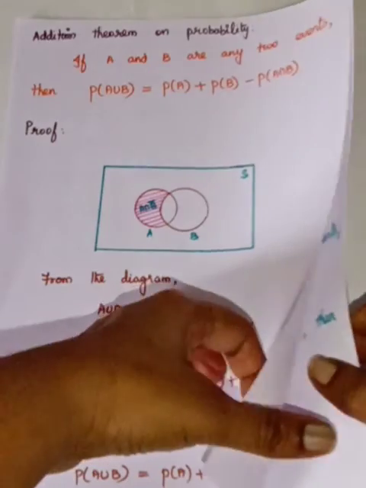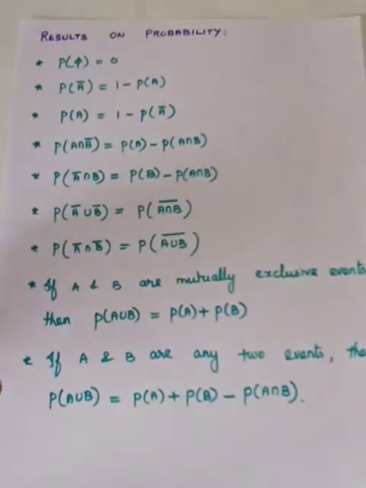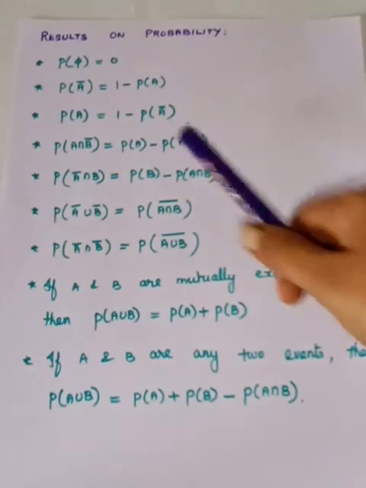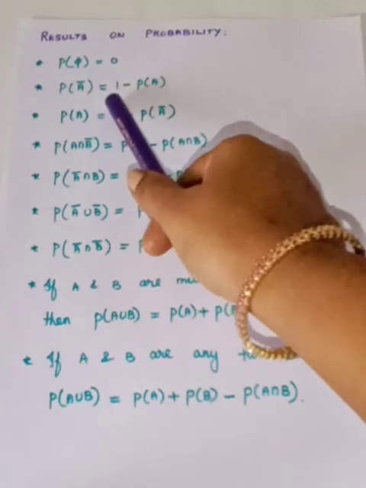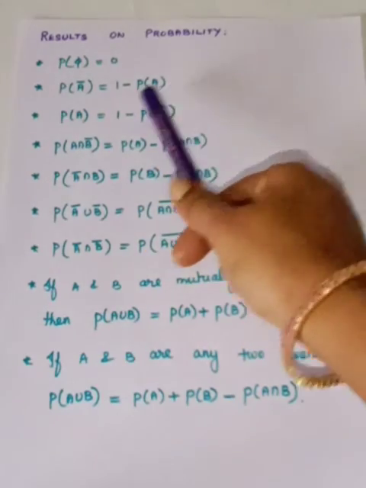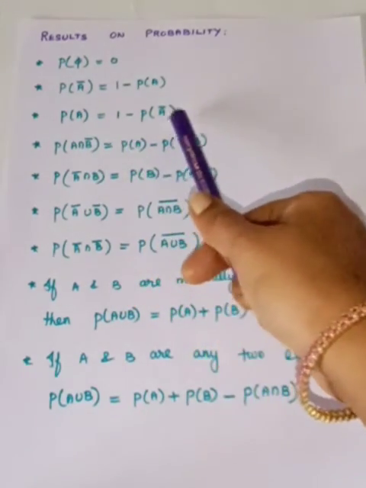Look at the theorems. I have written all the theorems here. P of phi, the impossible event, is equal to 0. P of A bar can be written as 1 minus P of A, and P of A is equal to 1 minus P of A bar.